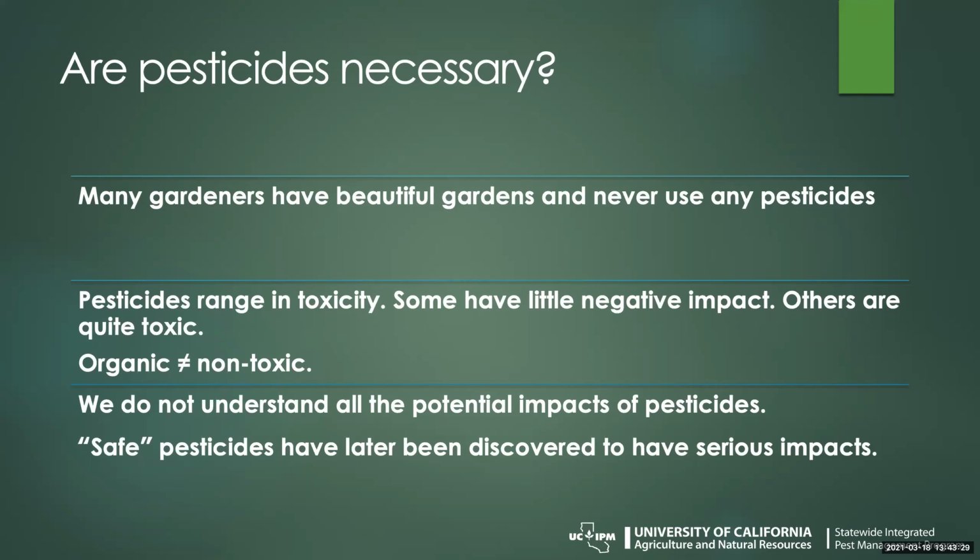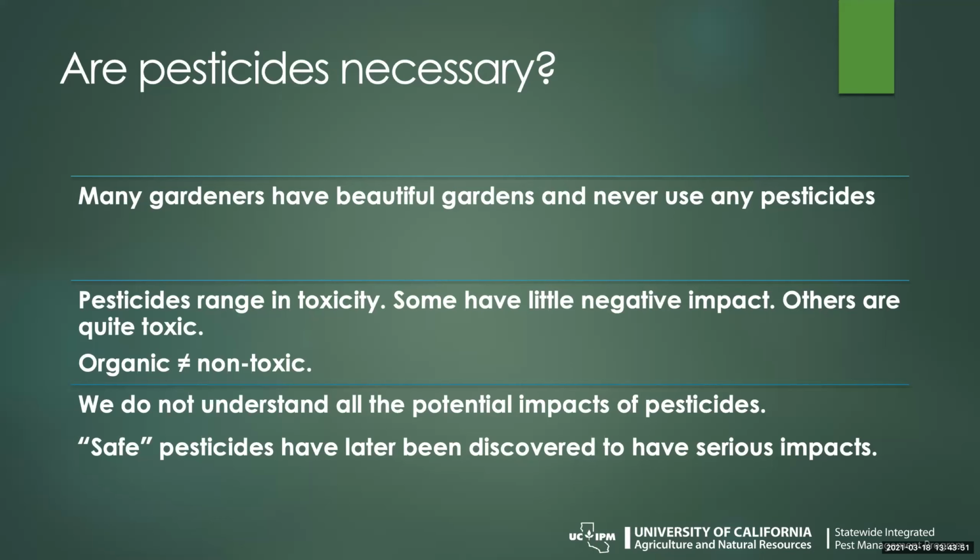We will have another talk, or probably more than one, on pesticides, where we'll get more into what it means to be an organically acceptable pesticide. And just because something is organically acceptable doesn't mean that it is non-toxic. There are some organic pesticides that are quite toxic to human health and the environment.